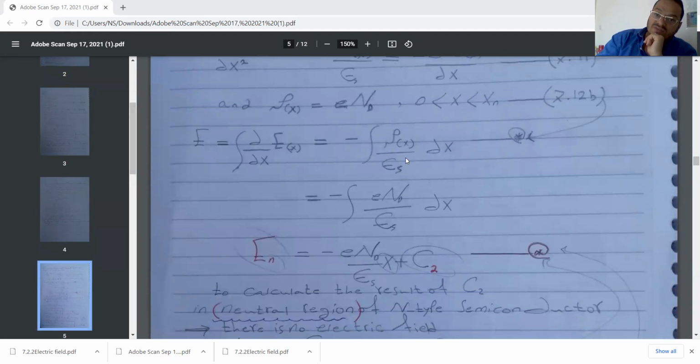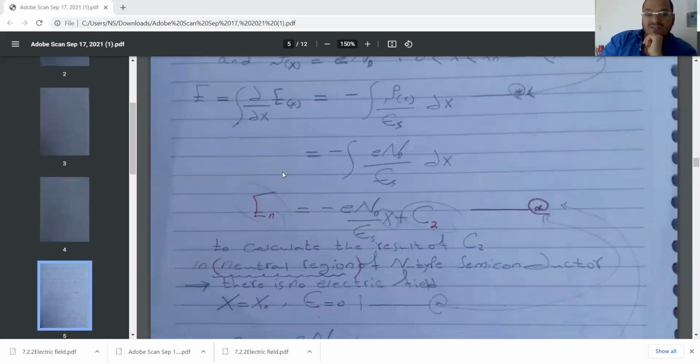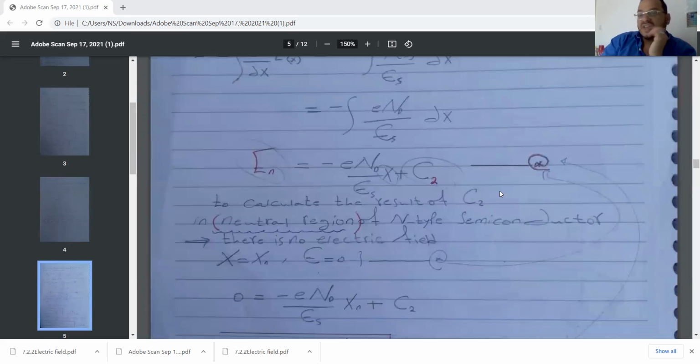After that, we put in this result, the donor concentration, to find the equation for the electric field inside the depletion region at the n side, with the integration constant number 2. Now, the same idea we used before: we will calculate C2 to modify this equation further.